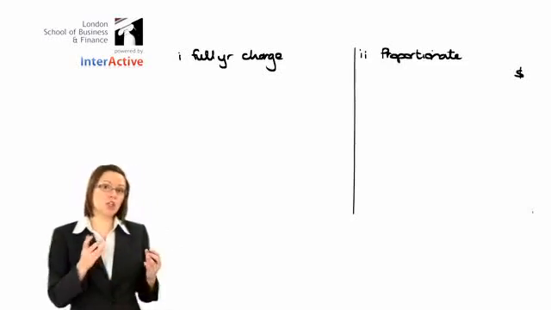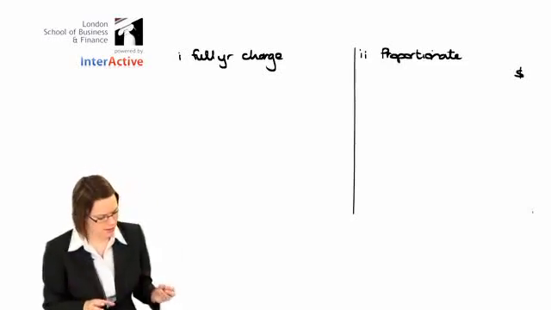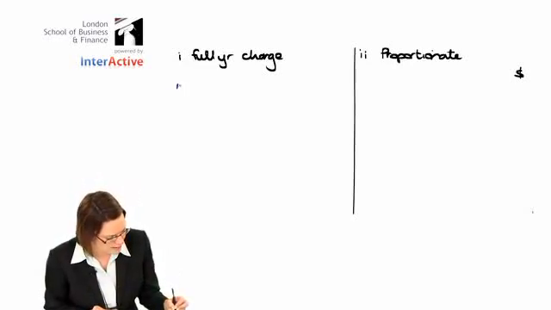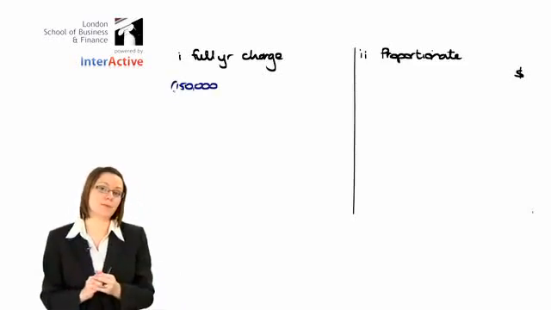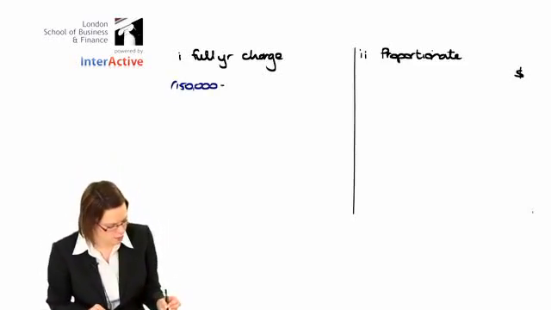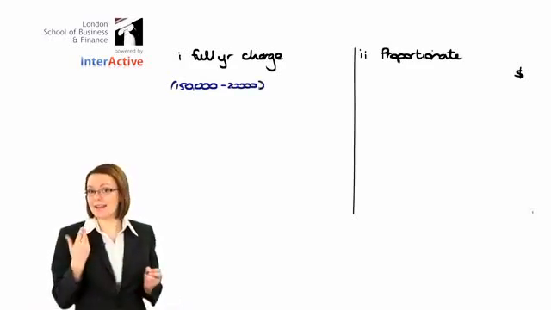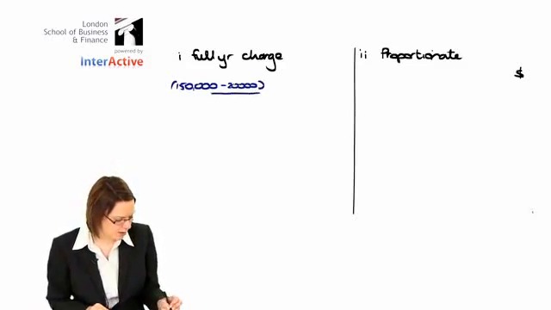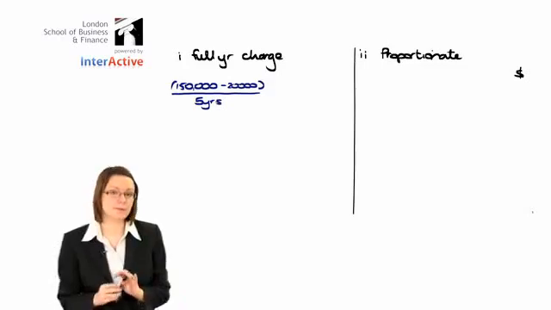So, straight line depreciation then is going to be our cost of our asset, which is $150,000, minus the residual value of $20,000, and divide that by the useful economic life of the asset, which was 5 years.